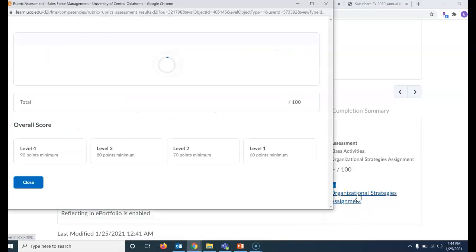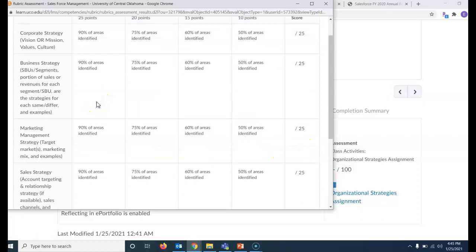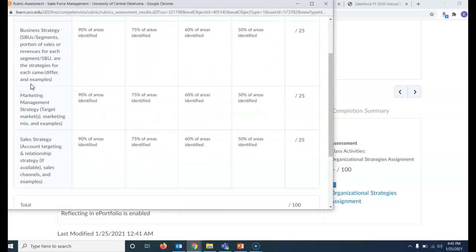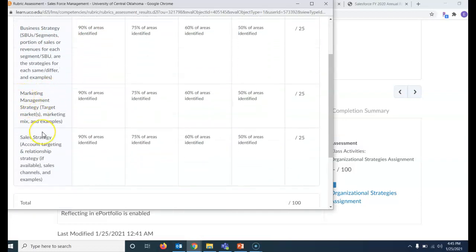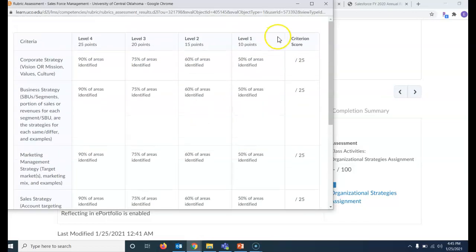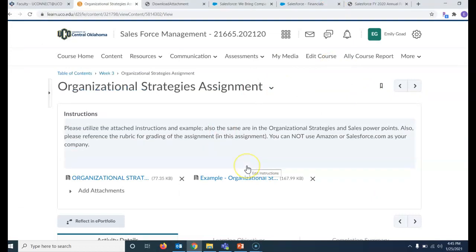If you're not able to, let me know, but it's not supposed to be a secret. So here you have corporate strategy, the business strategy, marketing management, sales strategy. So this is the rubric, and you can see the scoring and such. So please let me know if you have any questions. I'm happy to meet with you. And that's it. Thanks.